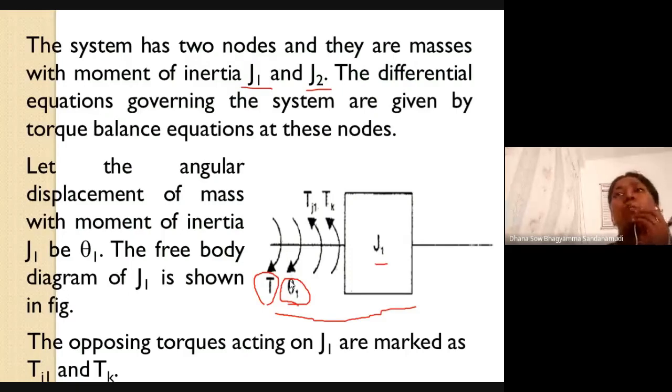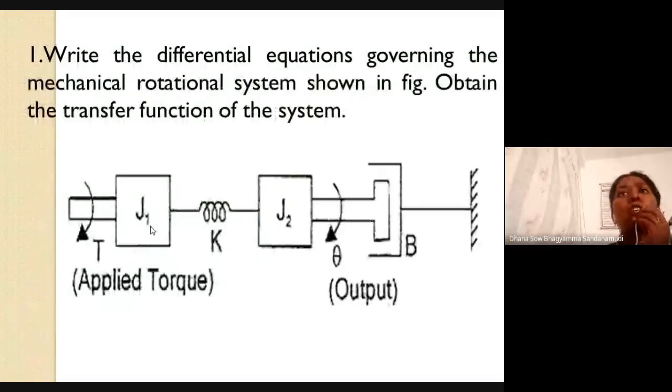Now the opposing torques. How many elements are there? The moment of inertia and the elasticity, so only two opposing torques will be there.